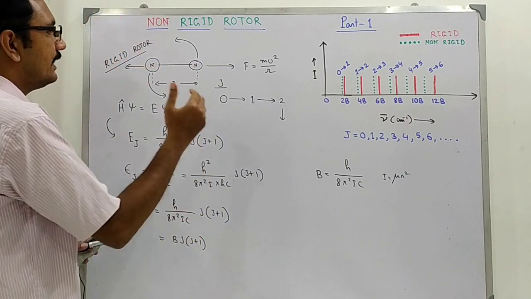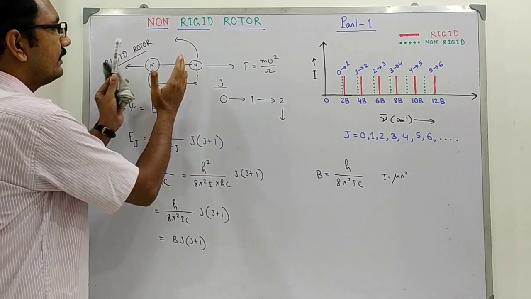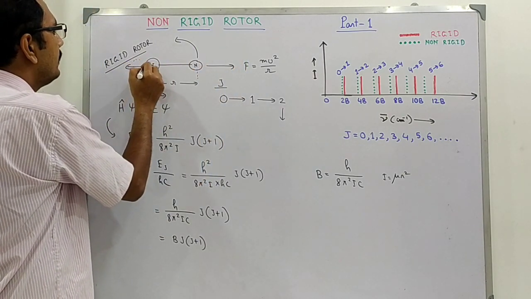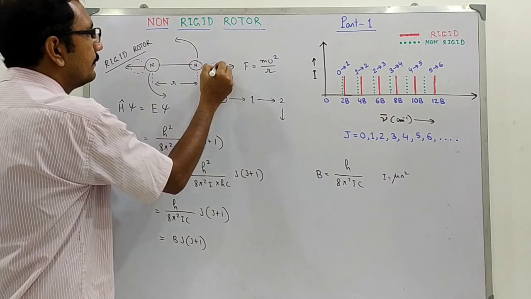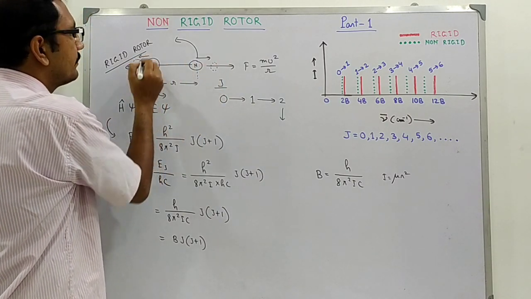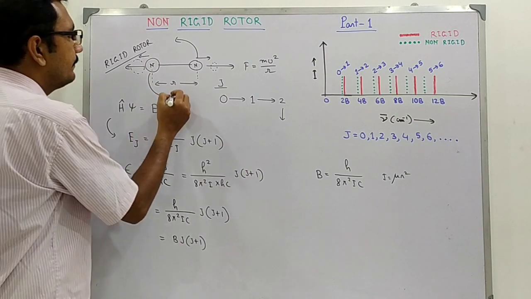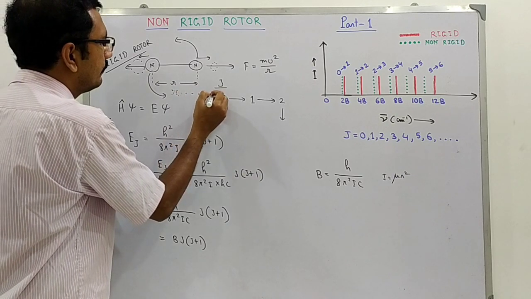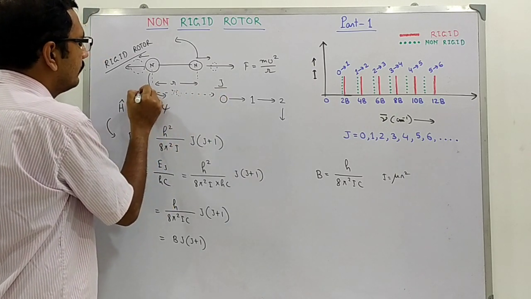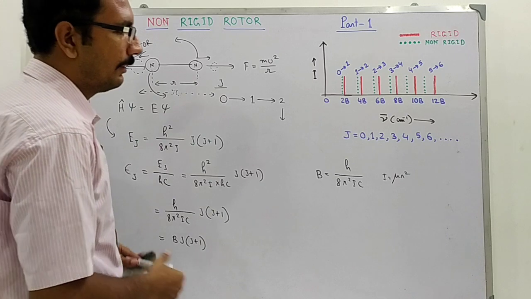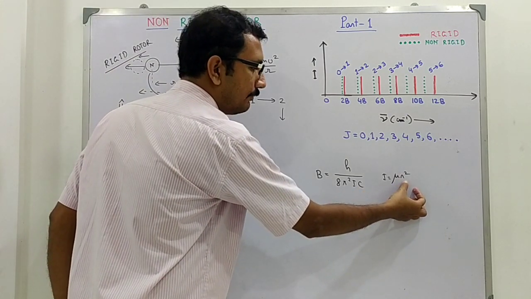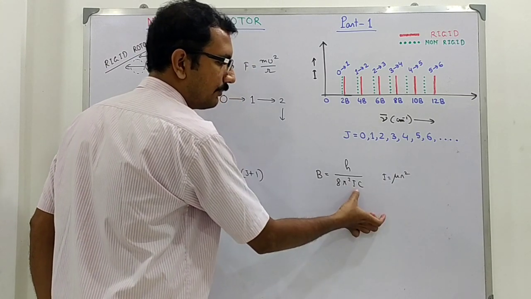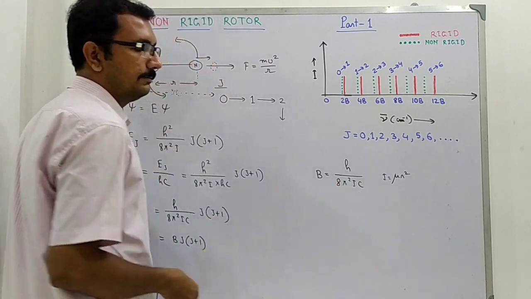Now, if the bond length increases from this position to this position, so we have an increased bond length. If this r increases, what will happen to I? It will also increase, and B is inversely proportional to I. So, B will fall.